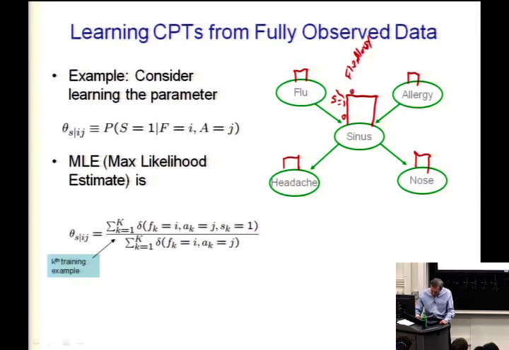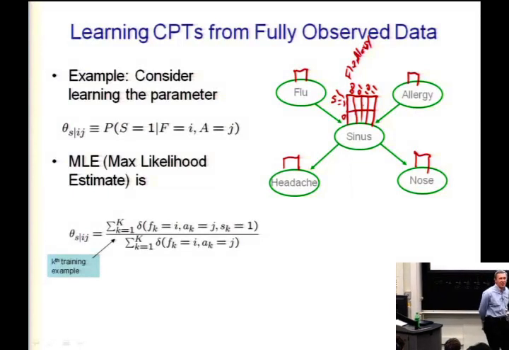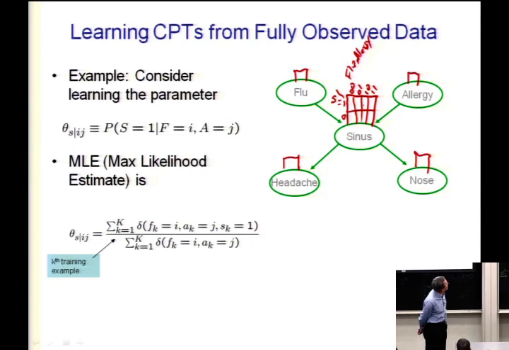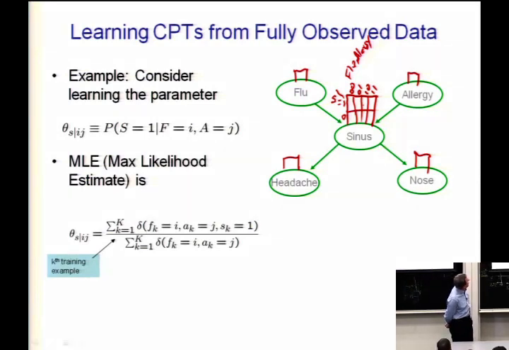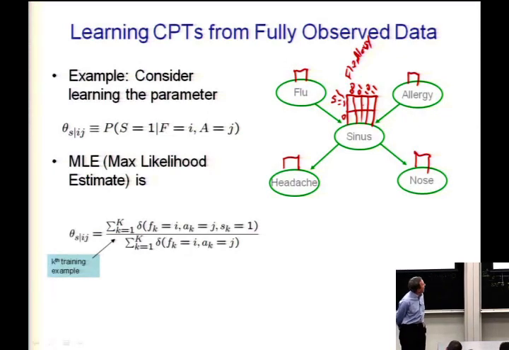And of course, they can be known as either both zeros, or a 0 and a 1, or a 1 and a 0, or a 1 and a 1. Right? And so in this table, basically I'll be interested in those 8 numbers, those 8 probabilities, indicating how the probability of S being 1 depends on the known values of flu and allergy.